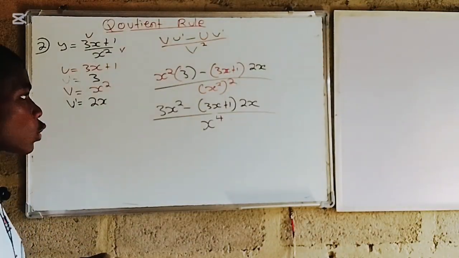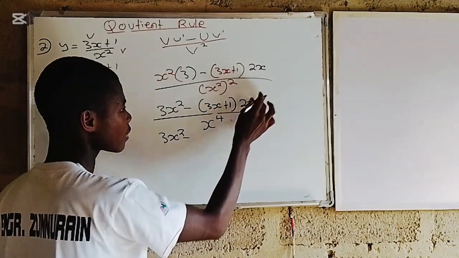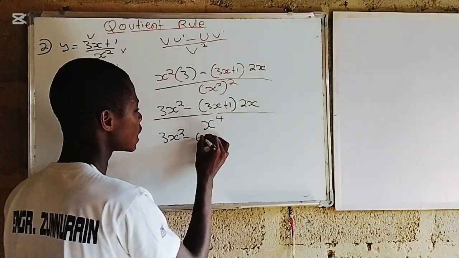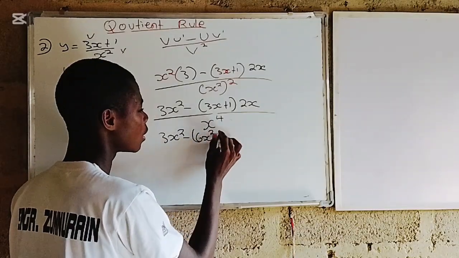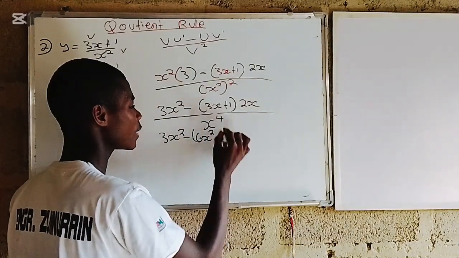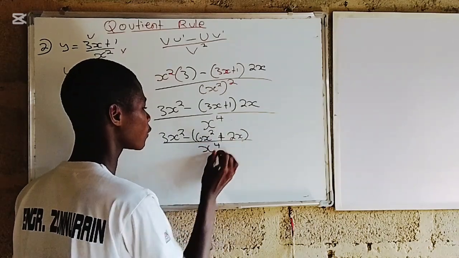So I have 3x squared minus this multiplied by this, which is 6x squared plus this multiplied by 1, which is 2x, all divided by x power 4.